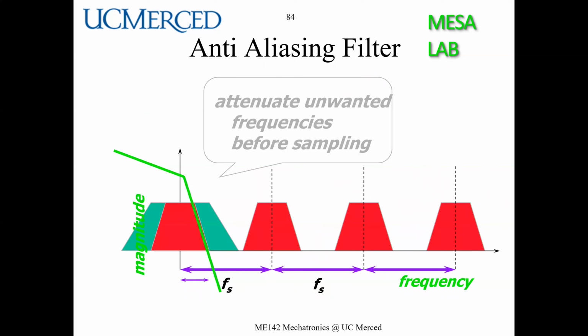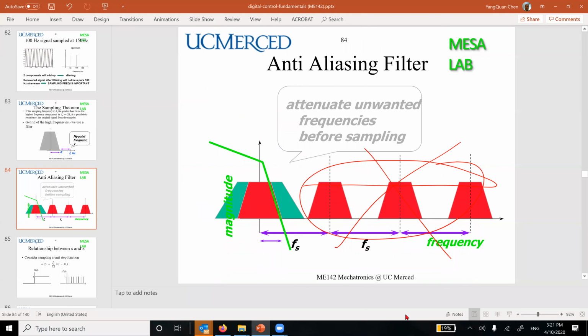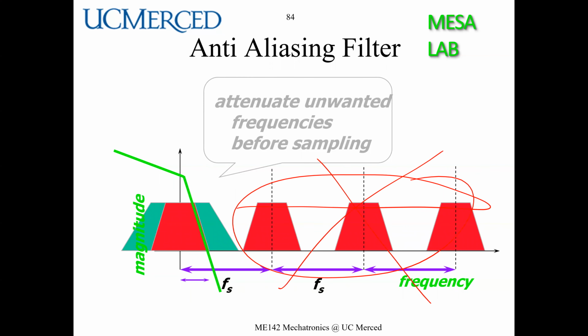So that is exactly what we said. We attenuate all those that I don't want. I just add a pass filter like this, and I will be able to get this job done. This is called the anti-aliasing filter's frequency characteristics.